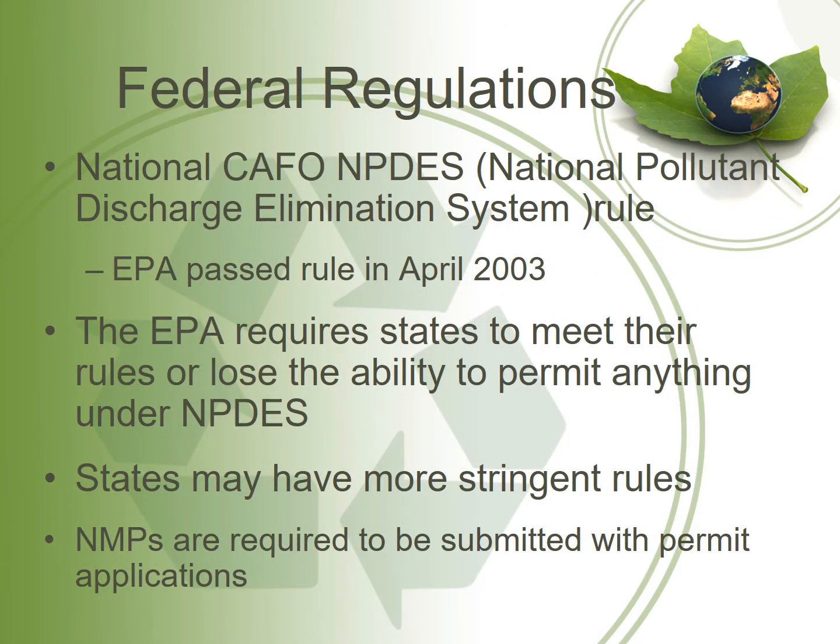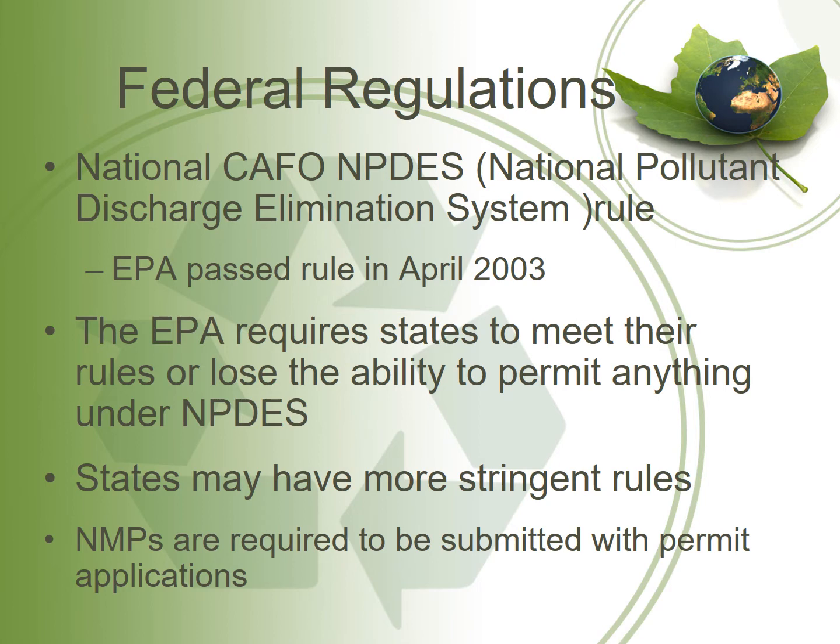There are federal regulations to help us control our environmental impact. The National CAFO, which is Concentrated Animal Feeding Operation, has a rule under the National Pollutant Discharge Elimination System. The EPA is the one that passed this rule, and it requires states to meet their rules or lose the ability to permit anything under this National Pollutant Discharge system.